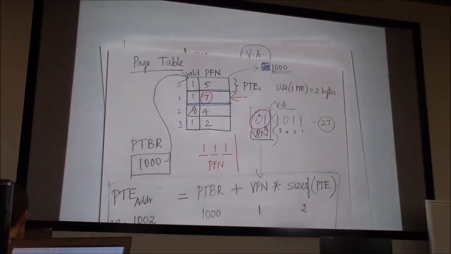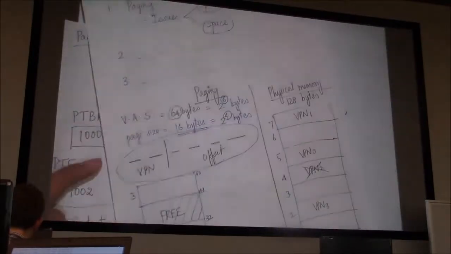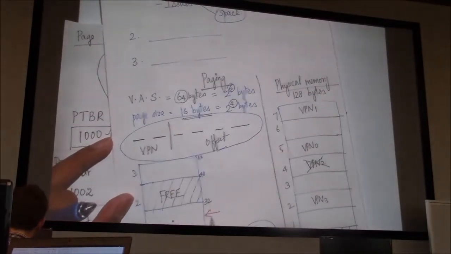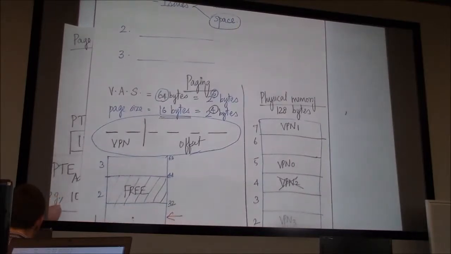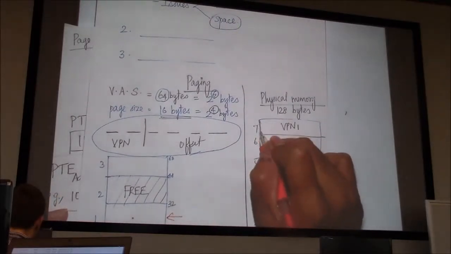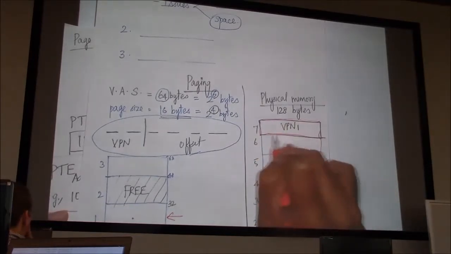So the high-level idea here is, we now know that this is the virtual page that we are interested in, virtual page 1. And we also know that this virtual page is currently at physical frame 7.